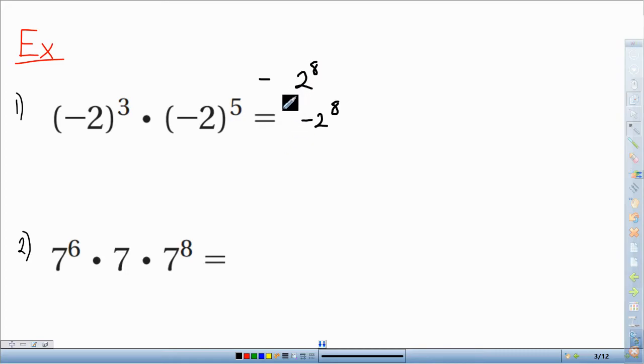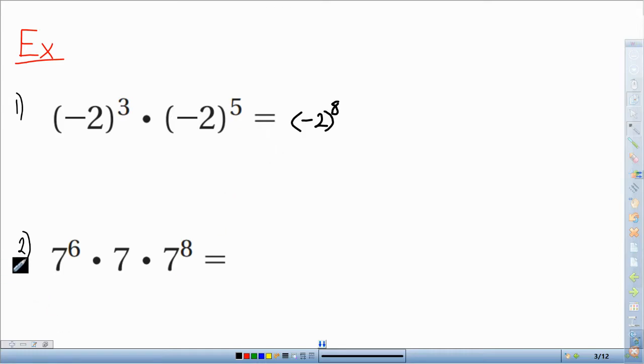And if you were to multiply this number, you would take positive 2 to the power of 8, whatever that happened to be, and then you would slap this negative sign in front of it. But that's not the case. We're taking negative 2 to the power of 8, which would be negative 2 times negative 2, 8 times. So just a little technicality, but that's why there's parentheses there, by the way.